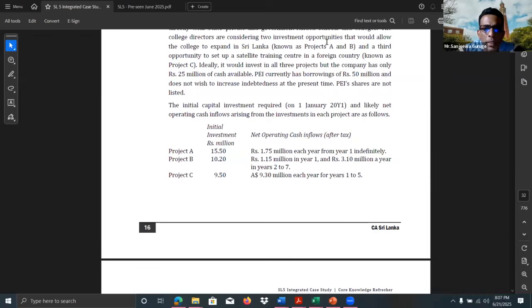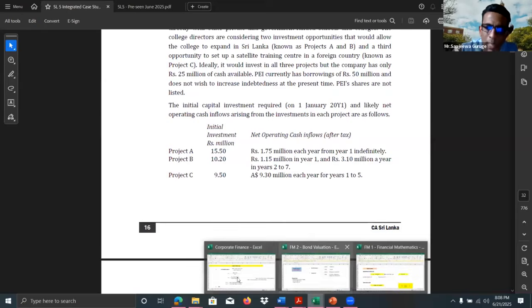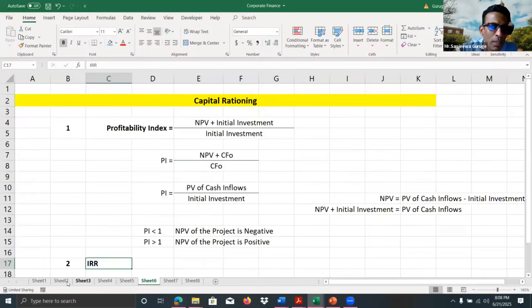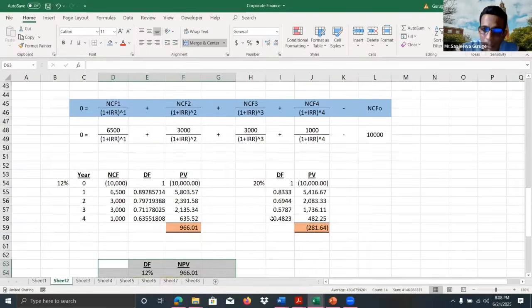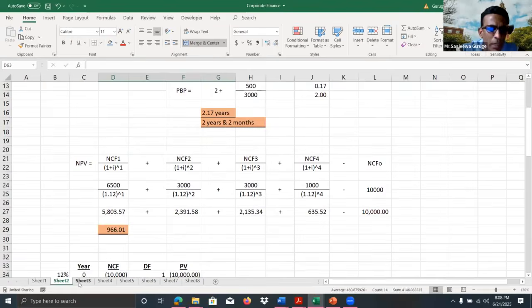And sensitivity analysis is another method. Sensitivity analysis is a technique used to analyze the risk of a project, not for ranking. Because when we calculate these values, NPV and IRR, that doesn't mean this project will definitely generate this value.